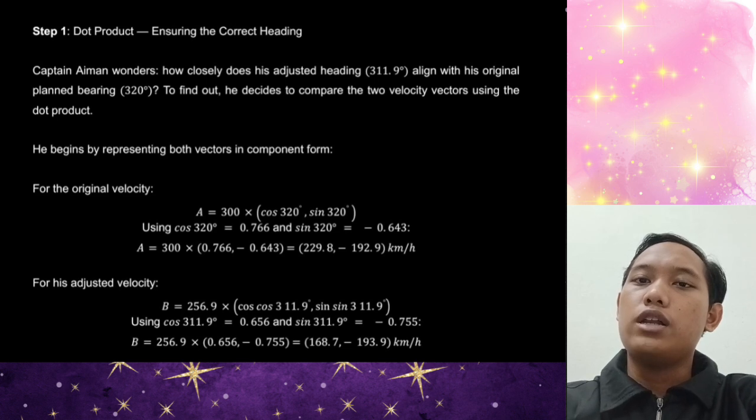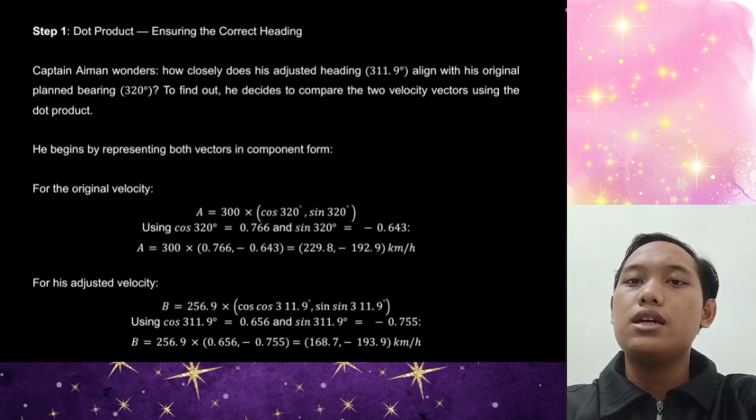Okay, for step 1, dot product, ensuring the correct heading. Captain Aiman wonders how closely his adjusted heading of 311.9 degrees aligns with his original planned bearing of 320 degrees. To find out, he decides to compare the two velocity vectors using the dot product. He begins by representing the vectors in component form.